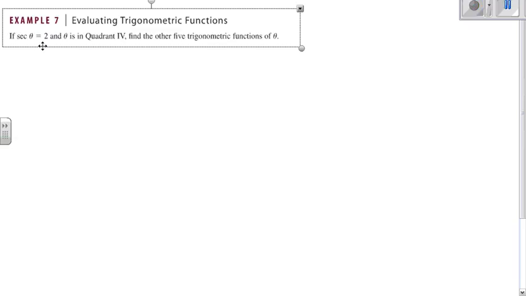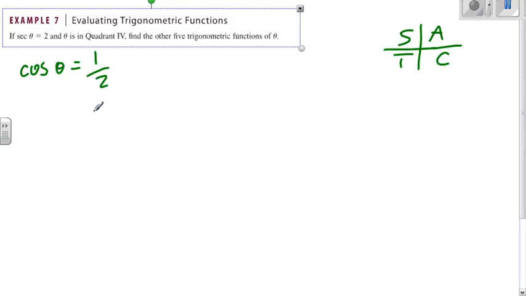For another example here, we have secant equals 2, and our angle is in quadrant 4. So our angle is down here. All students take calculus, so only cosine is positive over here, which means secant is positive, which makes sense. So if secant is 2, that means cosine will be the reciprocal, 1 over 2.